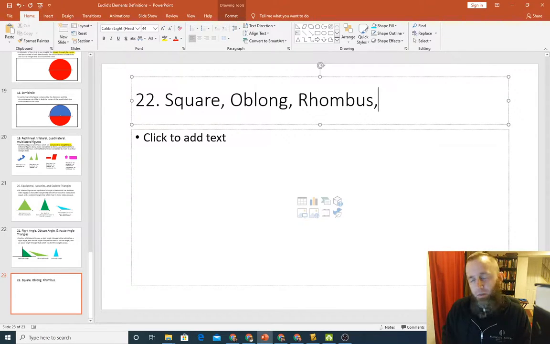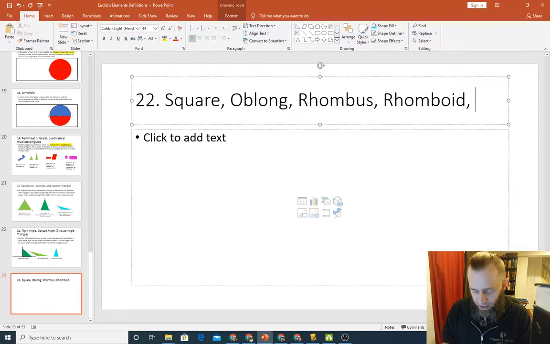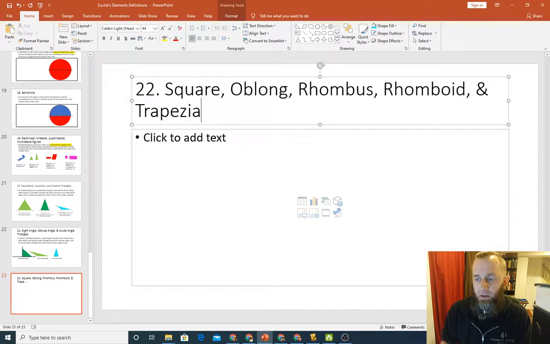Elementary school teachers, for some reason, really love rhombuses, as far as I can tell. Rhomboid. And, as if that weren't enough, trapezia. Trapezia, that's a plural, so there's more than one. These are trapezia. I guess a trapezium, I think, would be the correct singular.